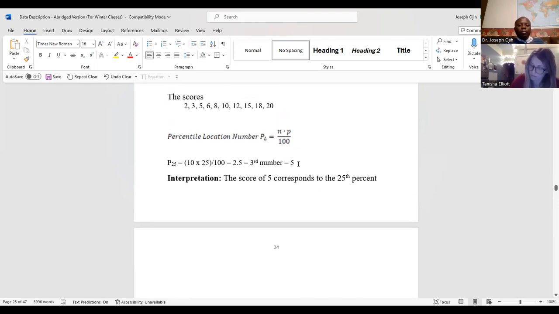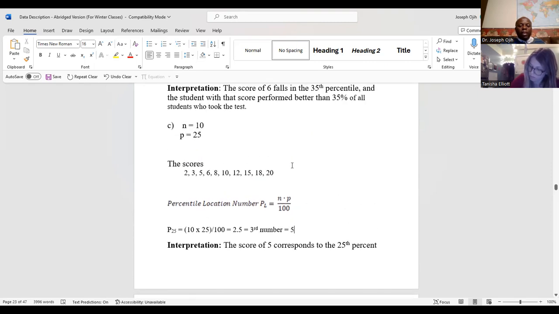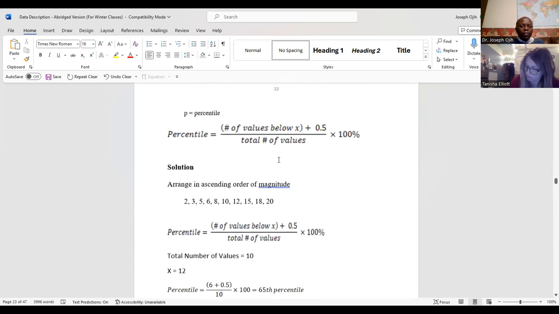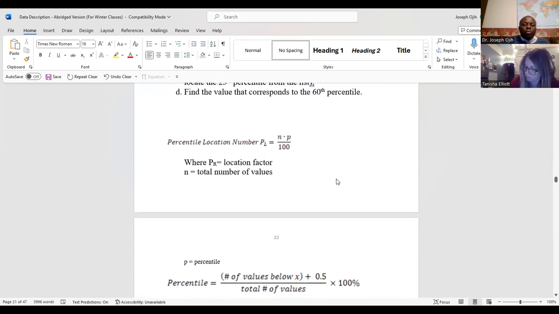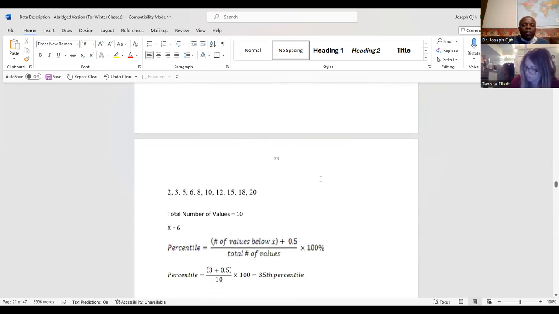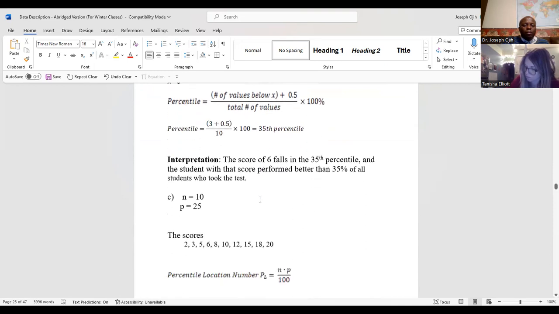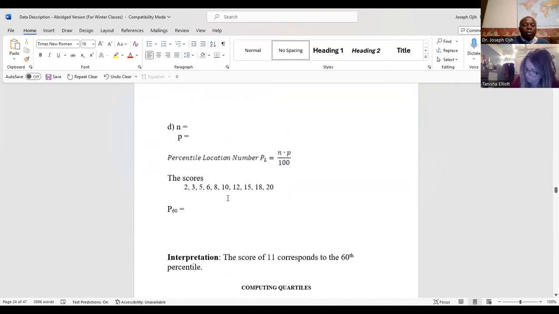Next one is the last question on that section, which asks us to find the value that corresponds to the 60th percentile. In that case, the same process: put them in order first. There are 10 values, 10 students, 10 scores, and the percentile is 60th.